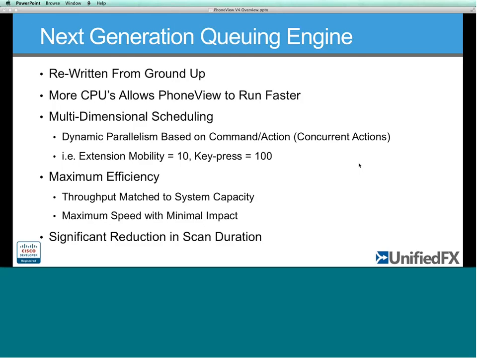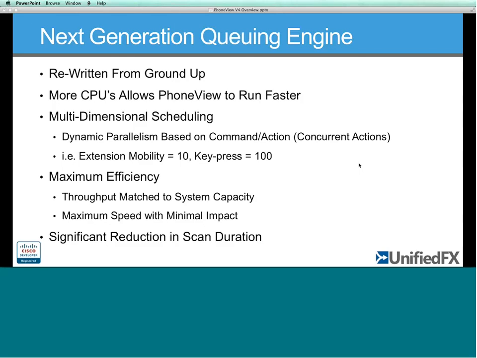Now, the thing about the way the scheduling works, and when we say scheduling, we don't mean a calendar schedule, as in 10 hours from now do something. We mean real-time scheduling and allocation of tasks, and how they get assigned to CPUs, processes, threads and things like that.